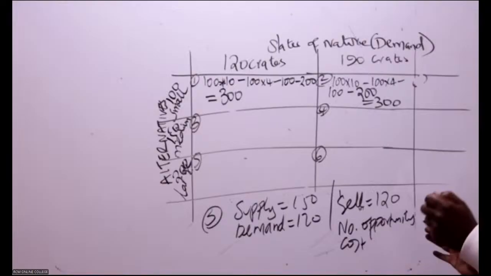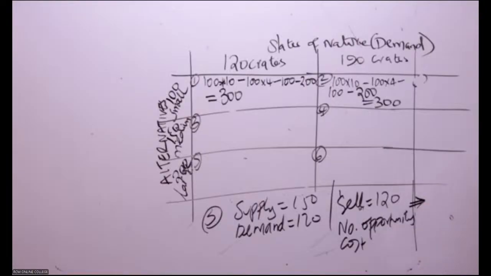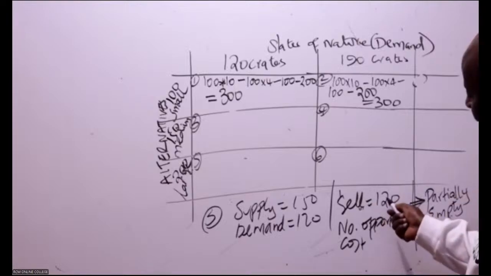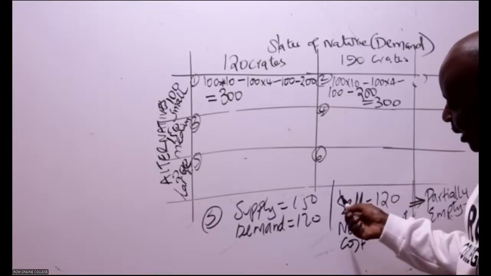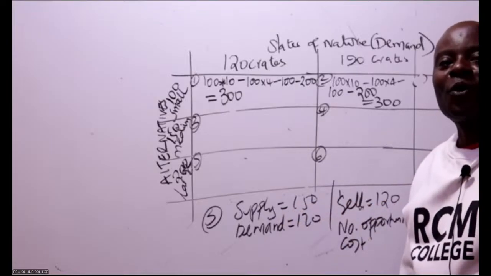Let's move on. But one thing is very clear, that we are flying down there like the earlier van, partially empty. Why? Because we shall be selling 120 and our van size is 150, so we have 30 spaces.